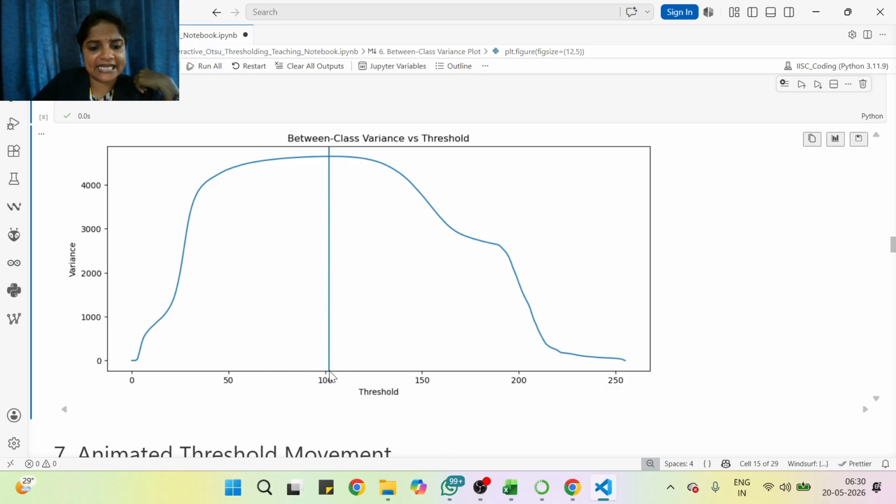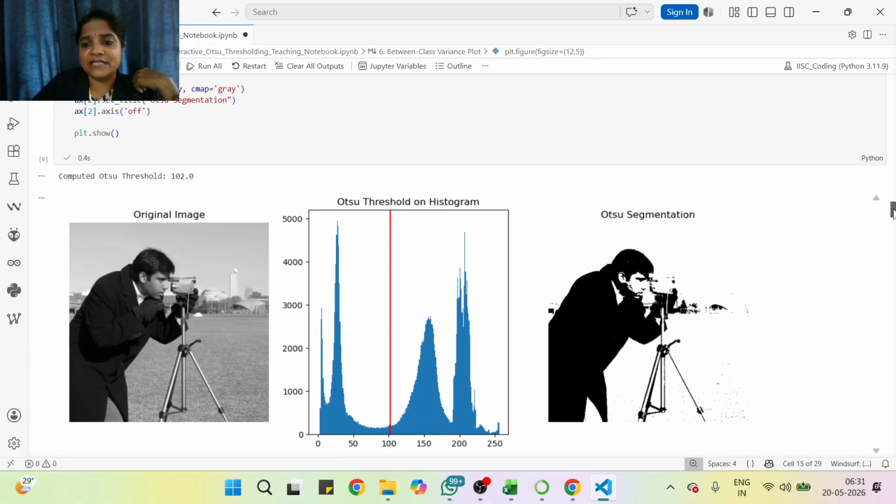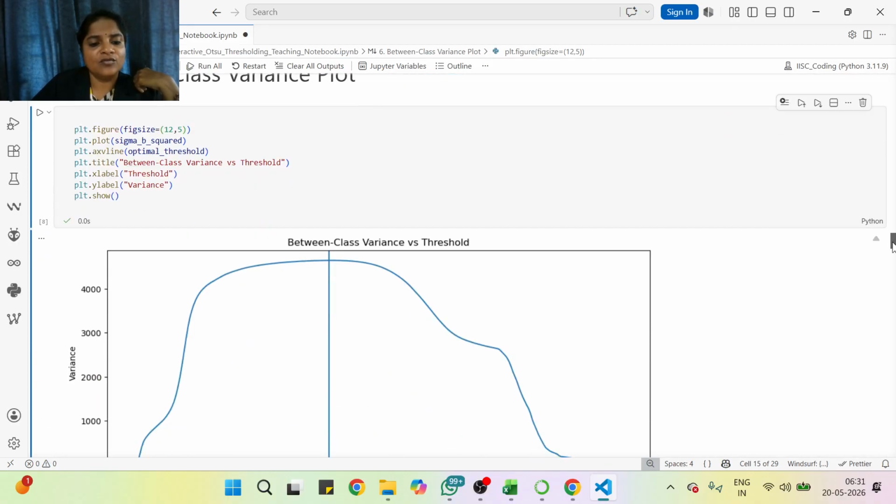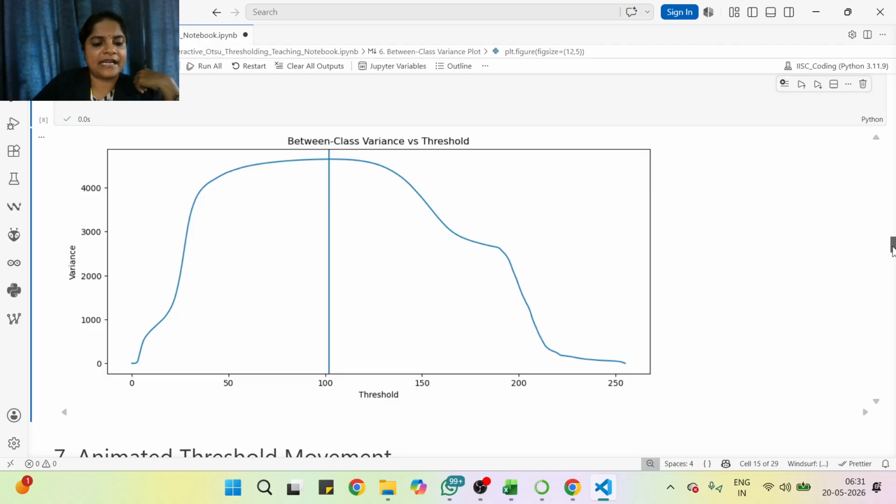As you can see, exactly at 102, I have got the maximum between class variance. So the Otsu's thresholding concept is very, very clear. If I choose a threshold for which my between class variance is maximum, then I will get the best segmented image. So we have practically proved that Otsu's segmentation works efficiently, right?